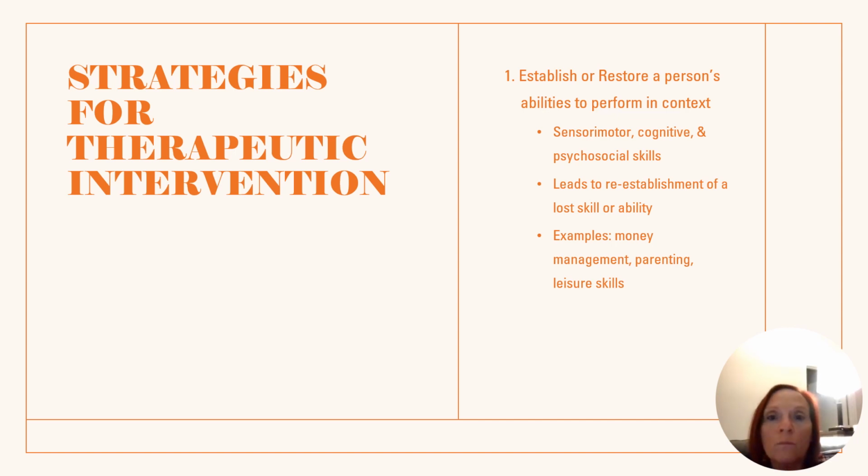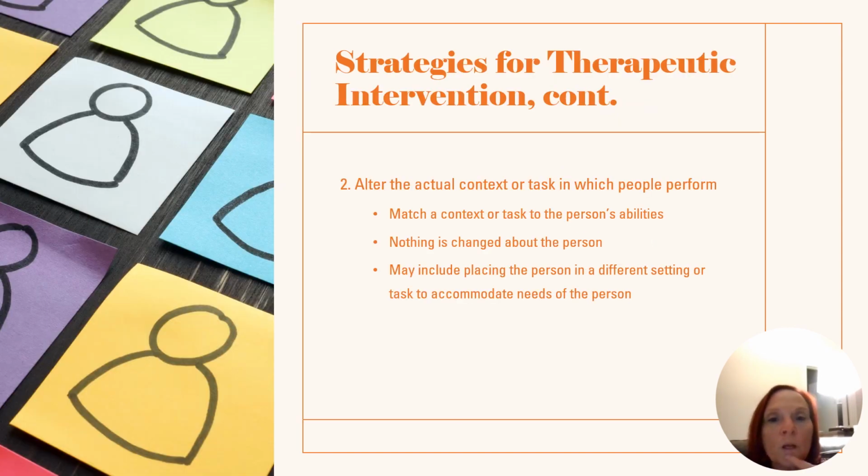So establish or restore a person's abilities, and that could be looking at the sensory motor, cognitive, psychosocial, a reestablishment of a lost skill or ability. They'll give you some examples on here, such as money management, parenting, leisure. We could alter the actual context or task in which the people perform. We could match a context or task to the person's abilities.